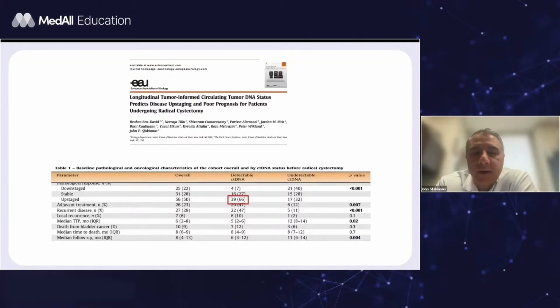As you can see here, 66% of the patients with detectable ctDNA were upstaged. So those patients, regardless if they had neoadjuvant chemo or not, if they are detectable before going to surgery, they're likely going to have a bad pathological finding and will likely require more therapy.